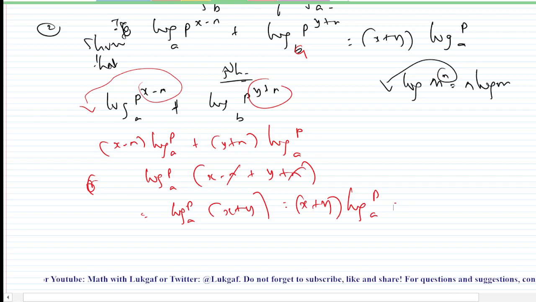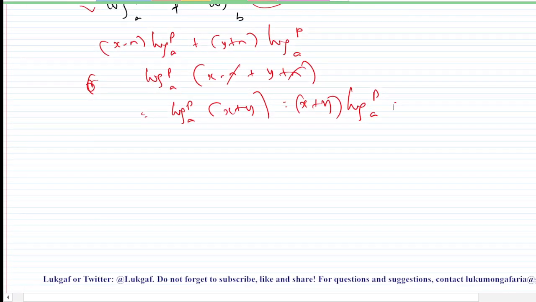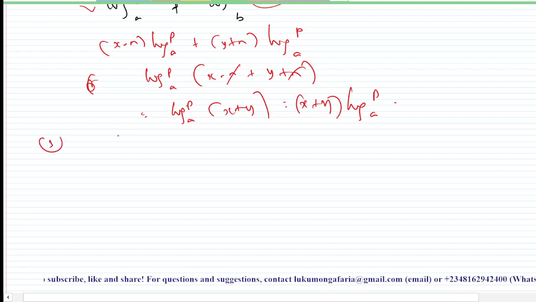Another example, which is very simple, is number 3.